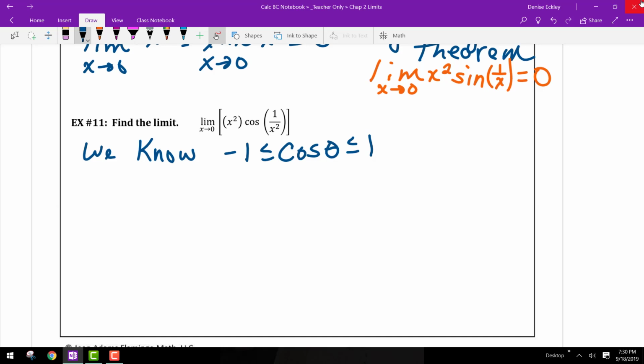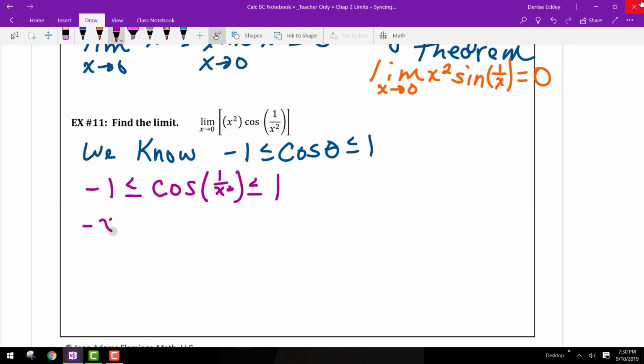If that has to be true, then since we can have any theta, why not make theta 1 over x squared? Now the cosine of 1 over x squared is multiplied by x squared, so we're going to multiply everything through by that.